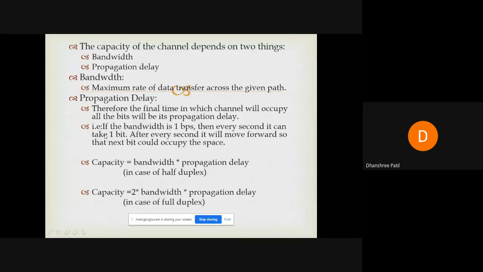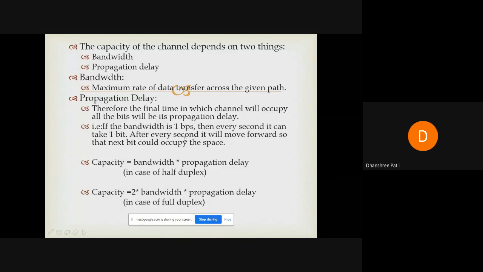If the bandwidth is 1 bit per second, bps, then every second it can take 1 bit. What is the meaning of 1 bit per second? For every second, 1 bit of data can be transferred. After every second it will move forward so that the next bit can occupy the space.